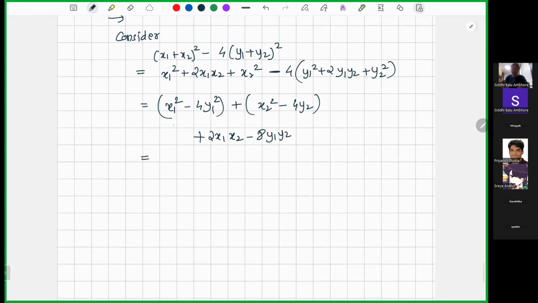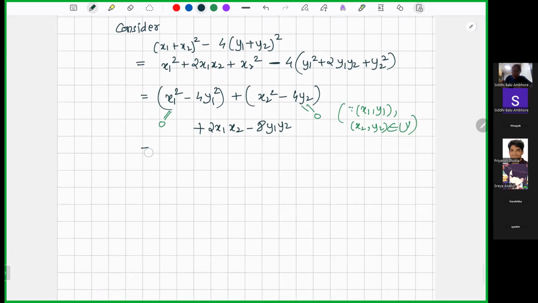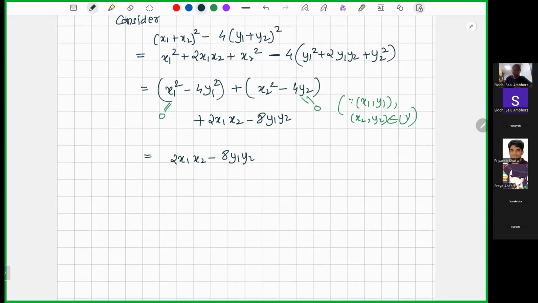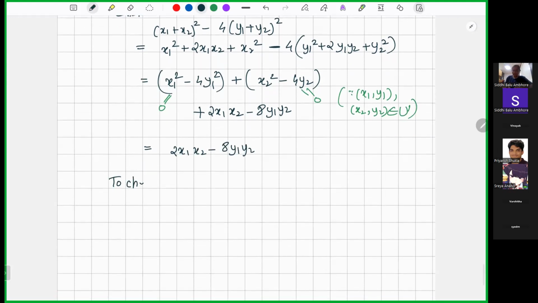So we already know that this is 0 and this is 0, since x1, y1 and x2, y2 belong to my set u dash. Okay, so now we only need to check whether 2x1 x2 minus 8y1 y2 is 0 or not.